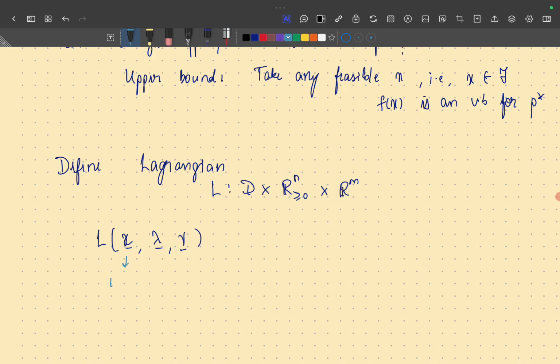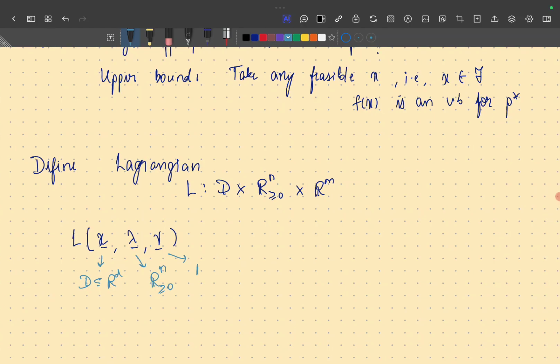So x is in D, which is a subset of R to the little d, and for lambda there are n variables, but I'll take all of these to be non-negative. And I have one variable for each of the equality constraints.